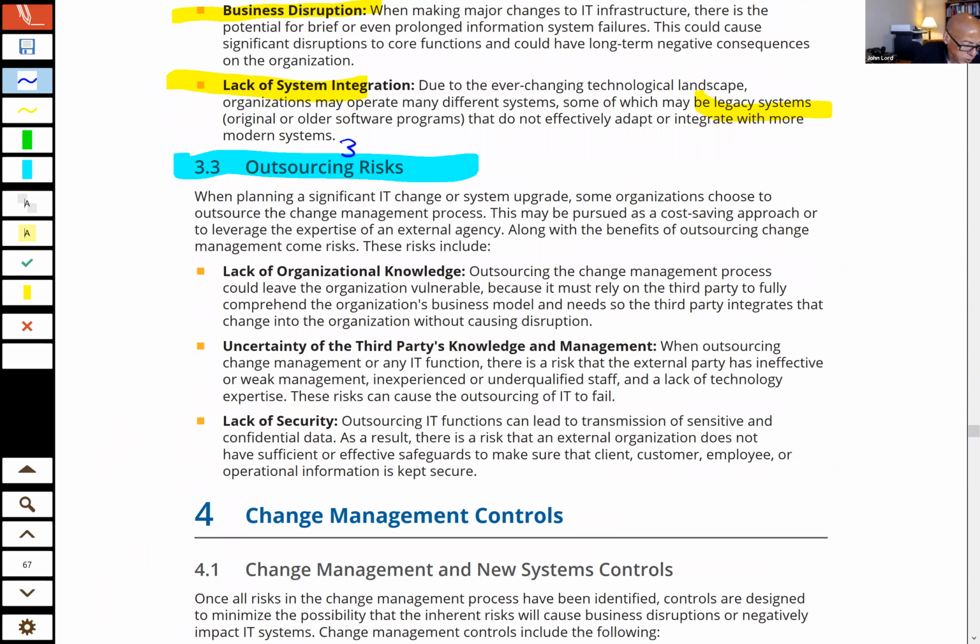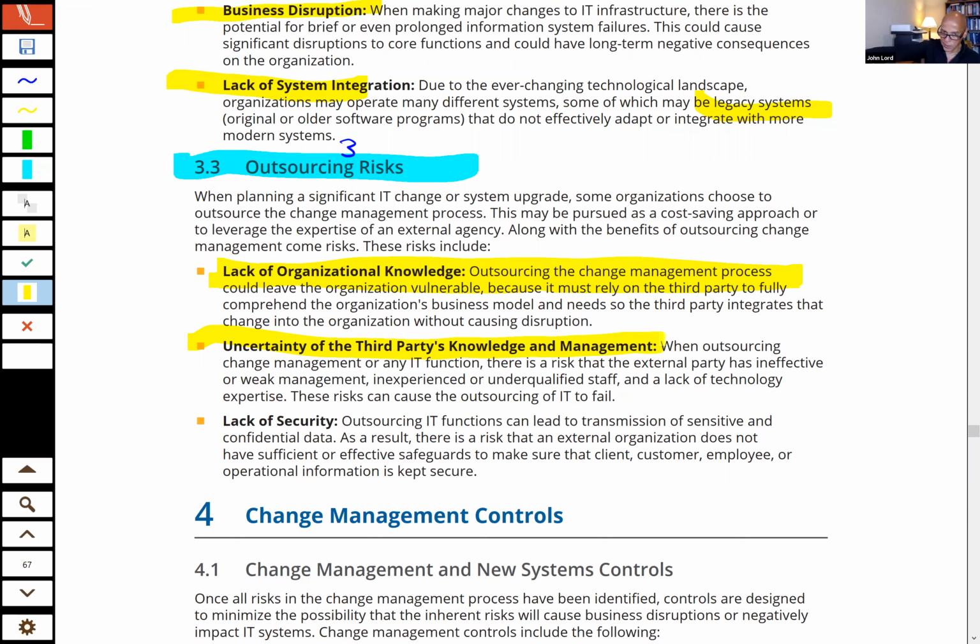So outsourcing risk, there's the lack of organizational knowledge, okay? It could leave the organization vulnerable because we're maybe trusting or over-trusting a third party. Uncertainty of the third party's knowledge and management. Hey, who knows?